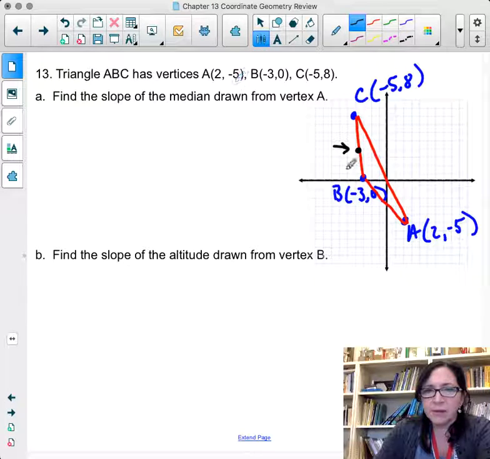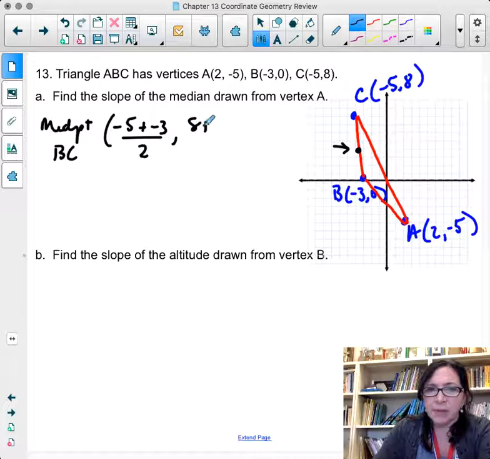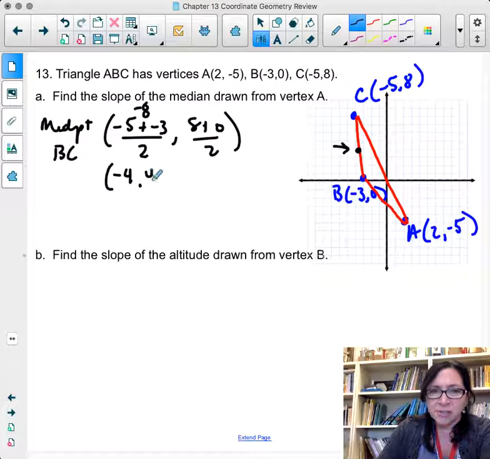So to find the midpoint of BC, let's do that first. For the midpoint, you add your x's, so negative 5 plus negative 3 divided by 2, and then add your y's, we have 8 plus 0 divided by 2. So that's going to be negative 8 divided by 2, which is negative 4. And this is 8 divided by 2, which is positive 4.